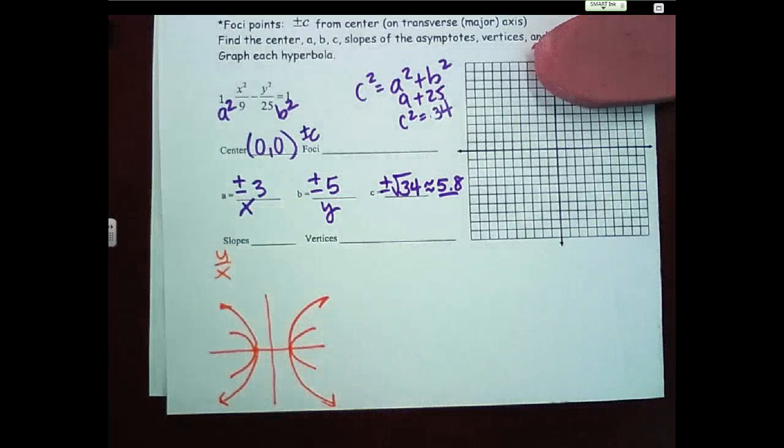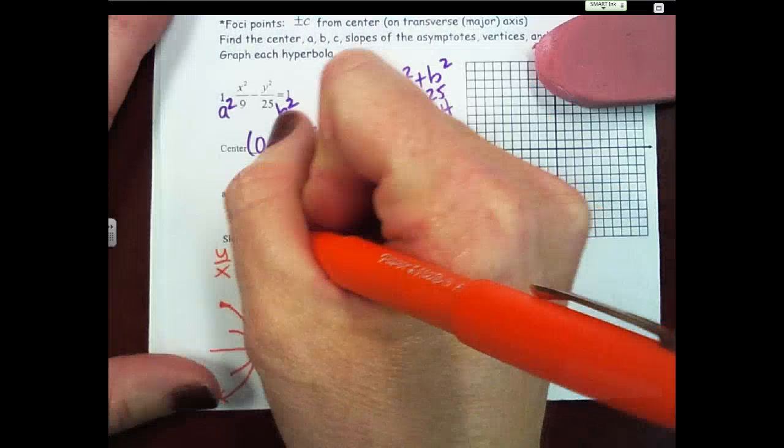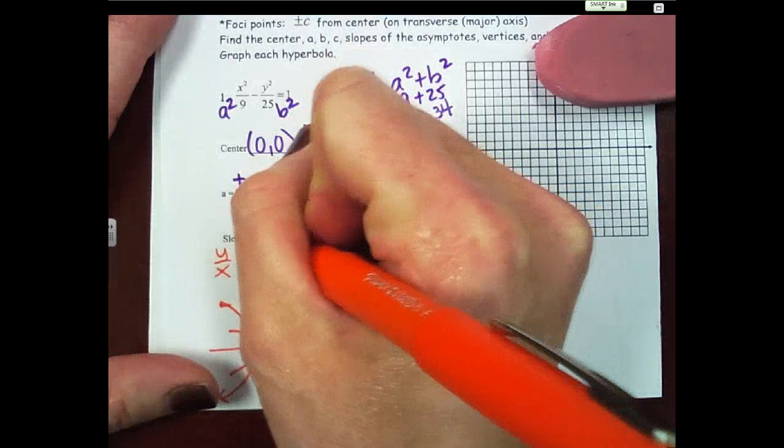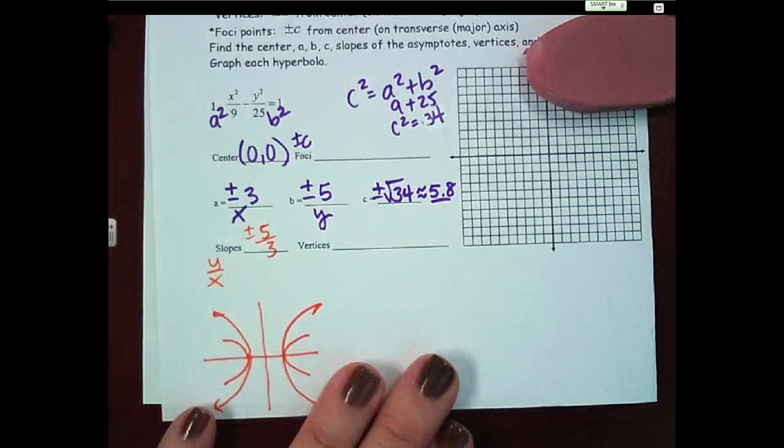Okay, and we know how far we're moving x and y. We're moving 3 on the x and how much on the y? 5. So my slope then is 5/3. And guys, that's going to tell me how wide or skinny my hyperbola is. Okay, so the slope is 5/3. And you go both directions. So let me show you what I'm talking about. Let's graph our picture.